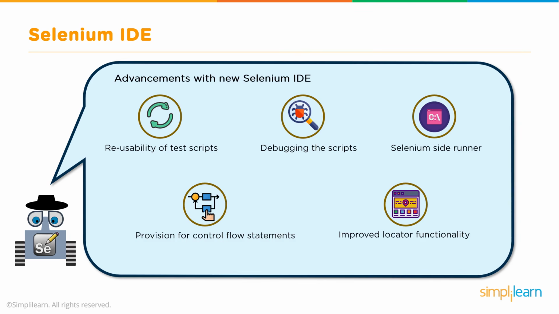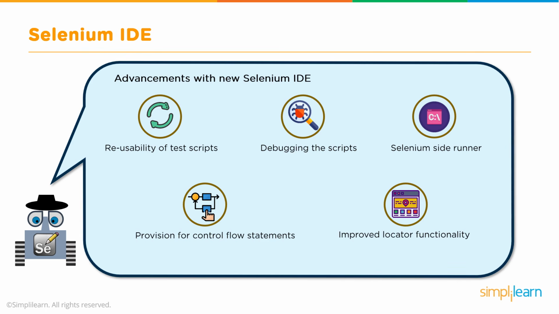Now this new IDE also comes with a good number of features: reusability of test cases, a better debugger, and most importantly, it supports parallel test case execution. They have introduced a utility called Selenium Side Runner that allows you to run your test cases on any browser. So you can create your automation using the IDE, say on Chrome or Firefox, but through the command prompt, using the Side Runner, you can execute these test cases on any browser, thereby achieving cross-browser testing.